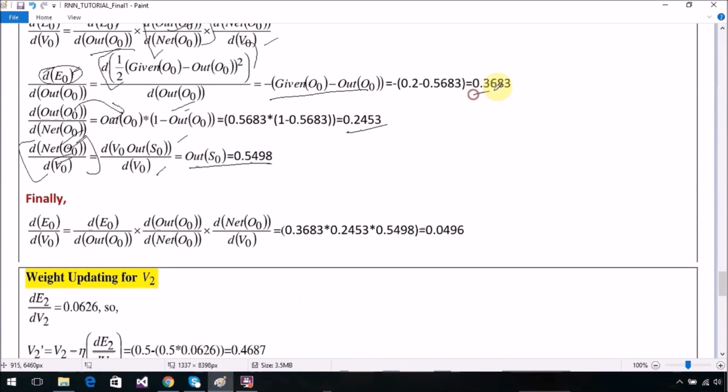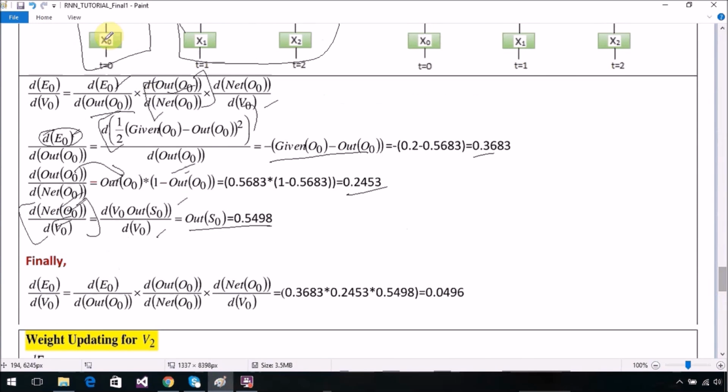Finally, we will take all these values and put them here, and by putting the values we can finally get the gradient of E0 with respect to V0. Now we will use these gradient values.